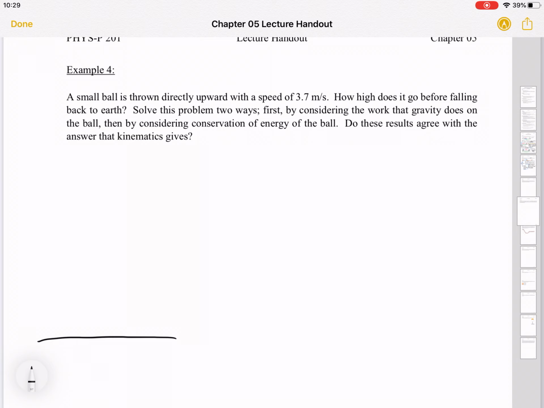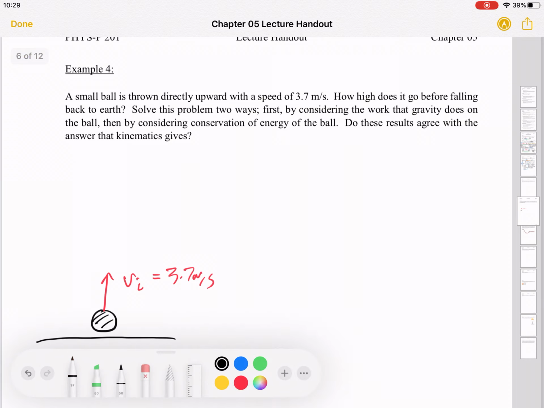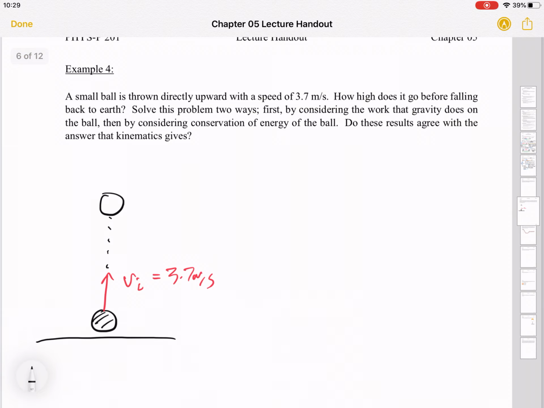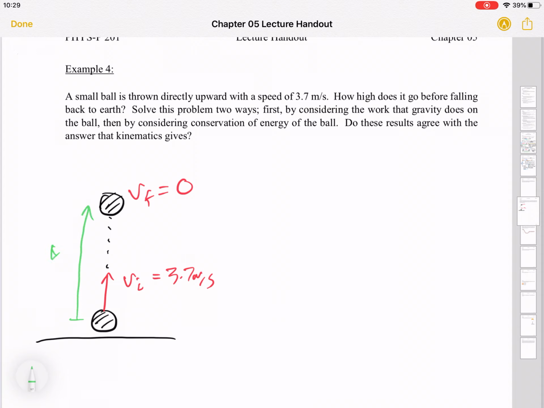So we're throwing a ball upward with an initial speed of 3.7 meters per second. And we're asking how high does it go? So V final here is 0. And the question is, what is delta Y?